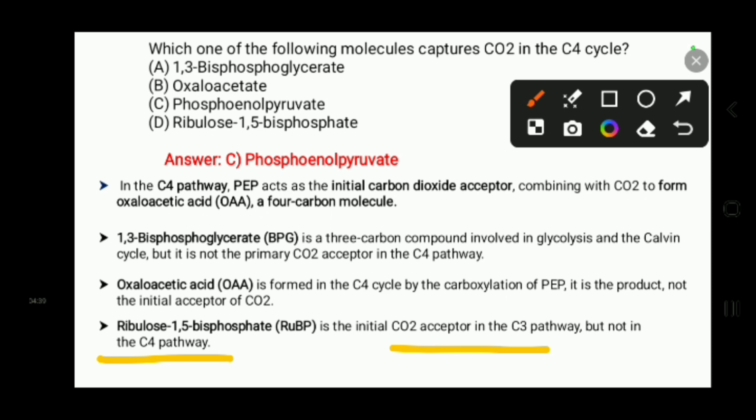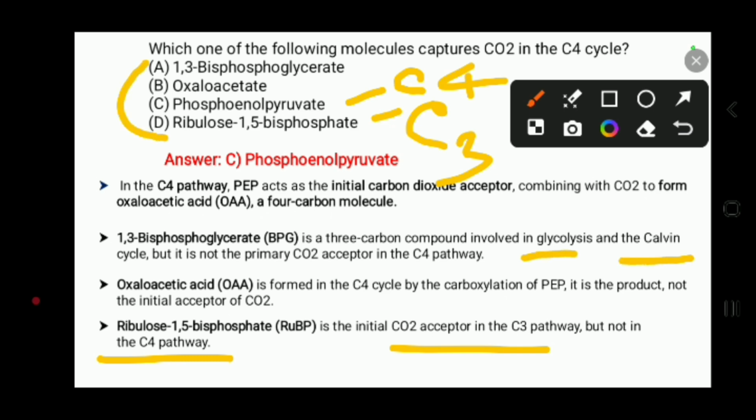So ribulose is related to the C3 pathway, and PEP is for C4, and oxaloacetate is formed by carboxylation of PEP, and 1,3-bisphosphoglycerate is formed in glycolysis and the Calvin cycle.